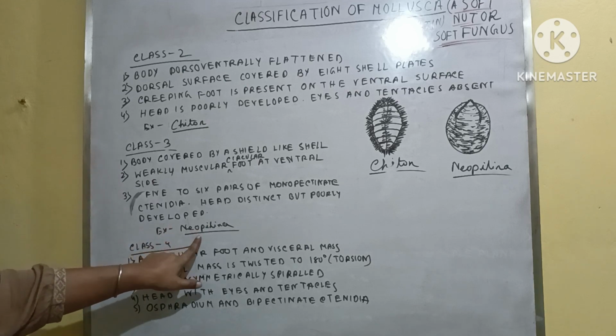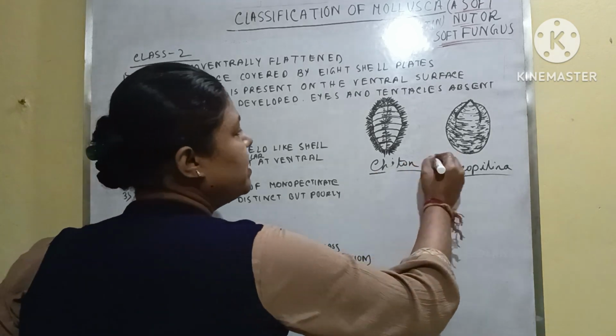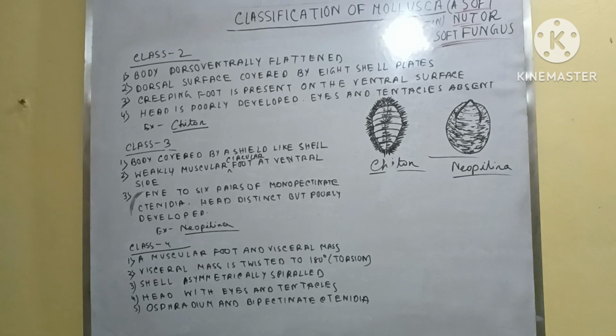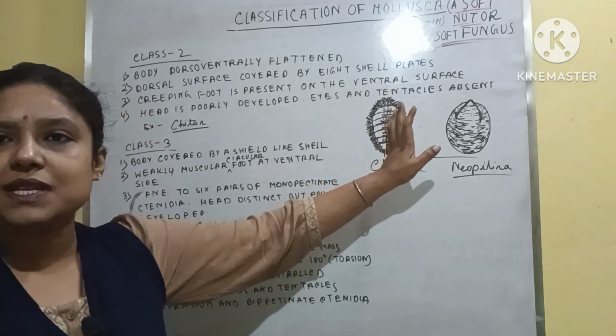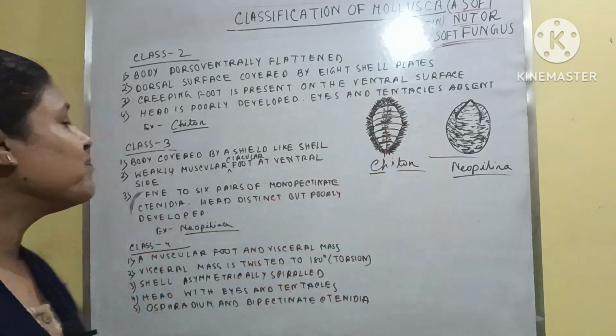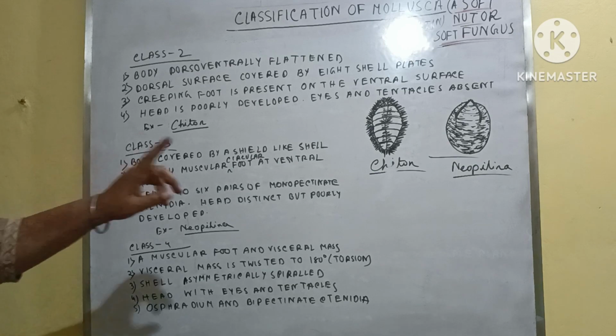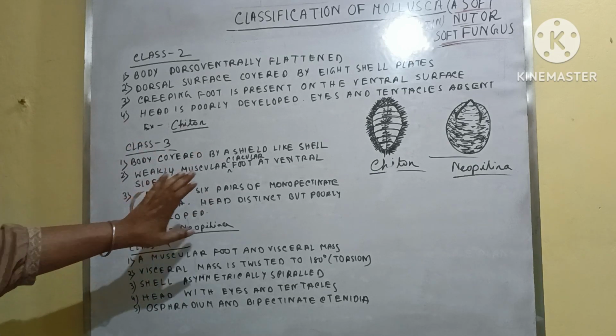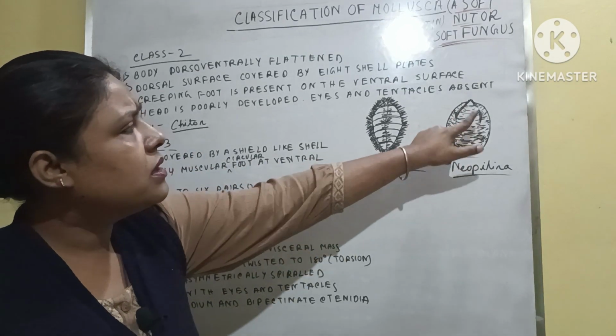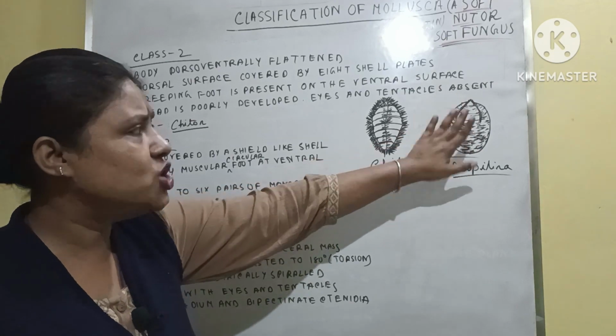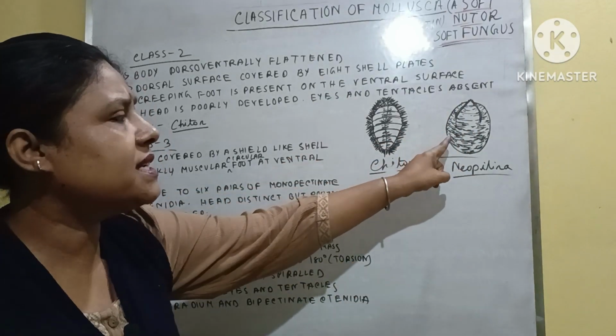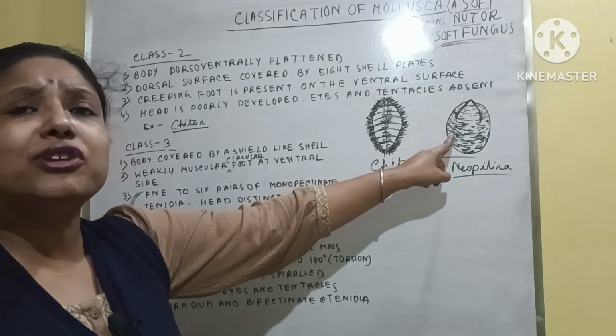An example is Neopilina, and this is the Neopilina. Here I have drawn only the dorsal side, not the ventral side. What are the features? The shield-like shell is present here, and the head is present but poorly developed.